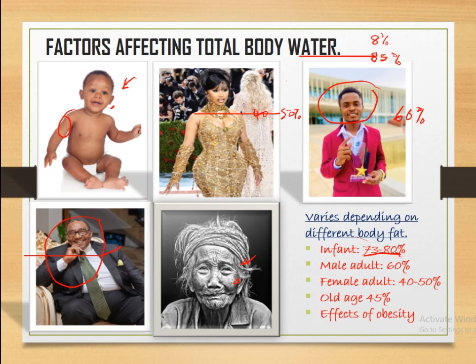Now, we have completely discussed the different fluids that are found in the body. We have explained the different types of fluid: the extracellular fluid and the intracellular fluid. The extracellular fluid is divided into two, which are interstitial fluid and plasma.